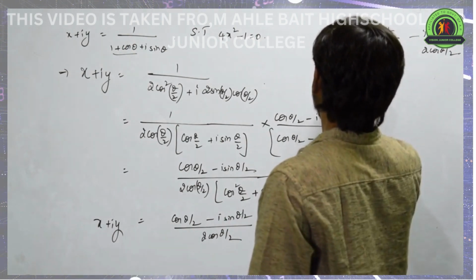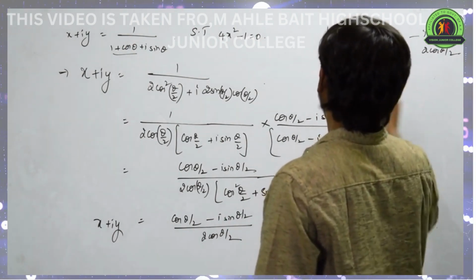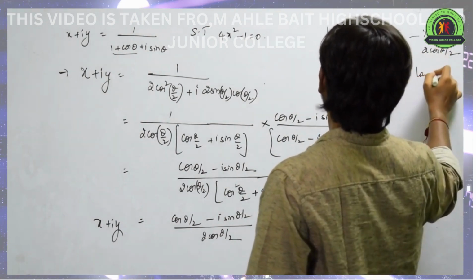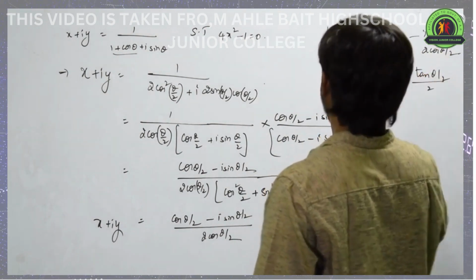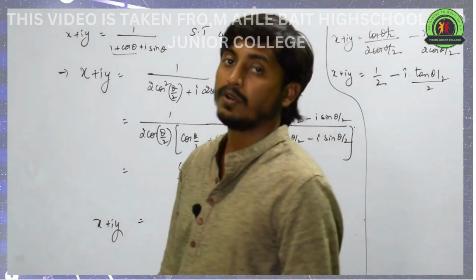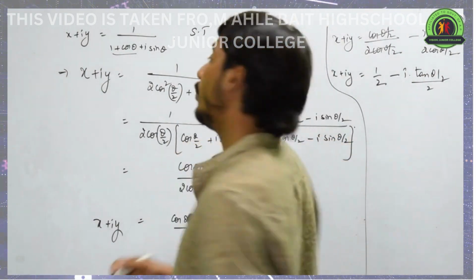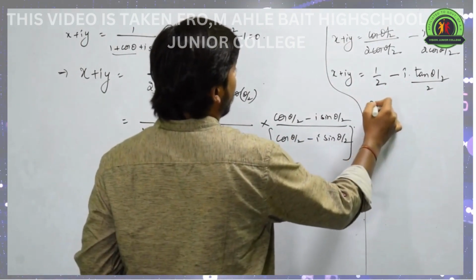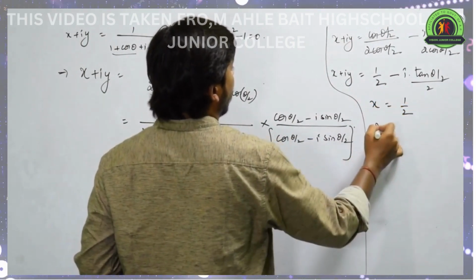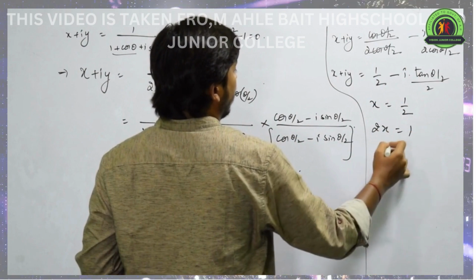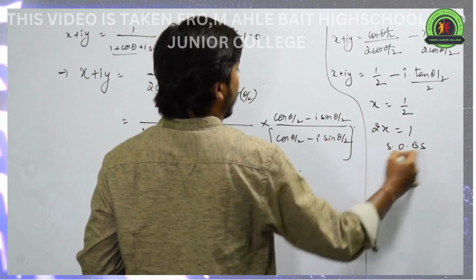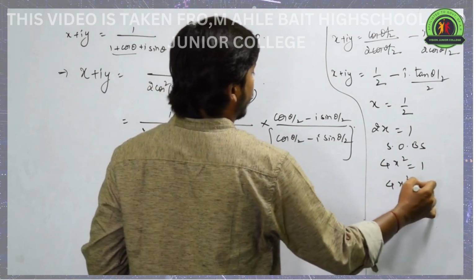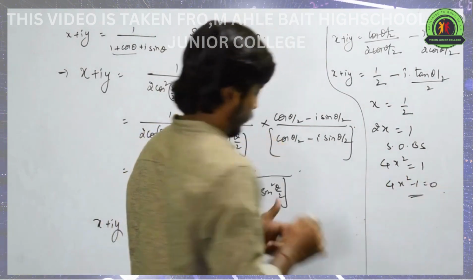I will get x plus iy as 1 by 2 minus i into sin by cos, which is tan theta by 2, whole divided by 2. So let us equate only the real part, x is equal to half, then 2x is equal to 1. If I square on both sides, I will get 4x square is equal to 1, therefore 4x square minus 1 equal to 0.